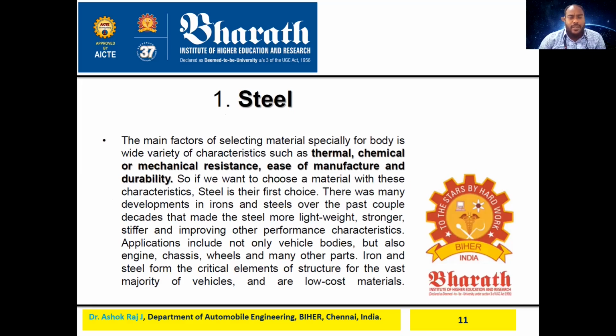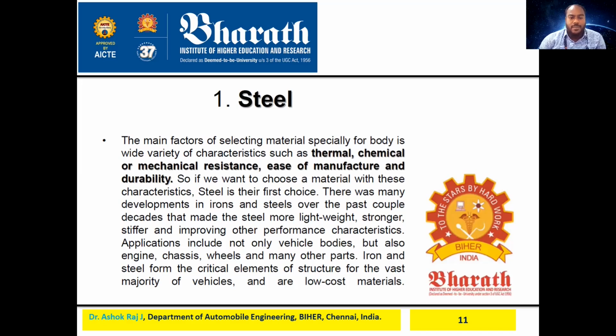But there have been many developments in the irons and steels over the past couple of decades that made the steel more lightweight and stronger. The applications include not only vehicle bodies, but also engines, chassis, and wheels, and many other parts.